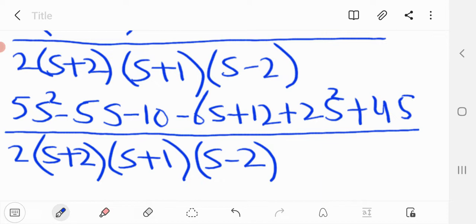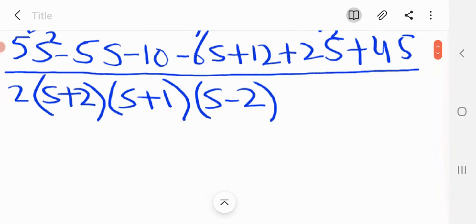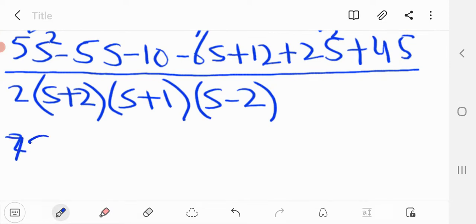Now in the above numerator we have 5s square and 2s square, so both will be added, so it will become 7s square because the coefficients are added. Second, minus 5s and 4s, and also 6s.